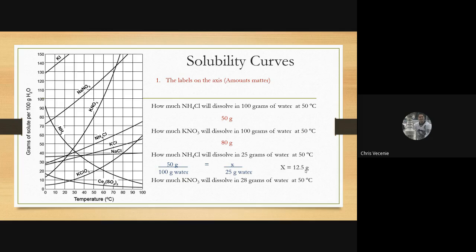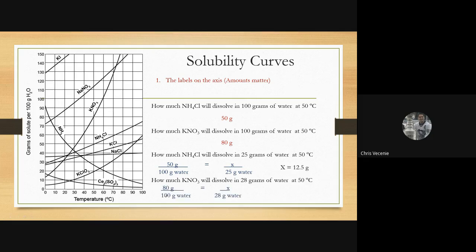But what if it's not? What if we do something like this? How much KNO3 will dissolve in 28 grams of water at 50? All right, so we still go to 50, trace up to the KNO3. I hit it. I know if I have 100 grams of water, 80 grams of KNO3 can dissolve.